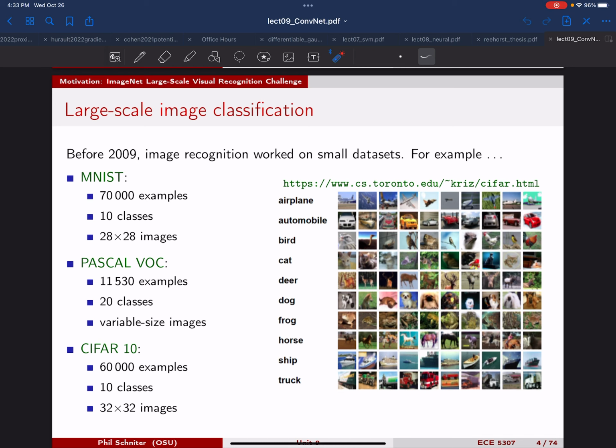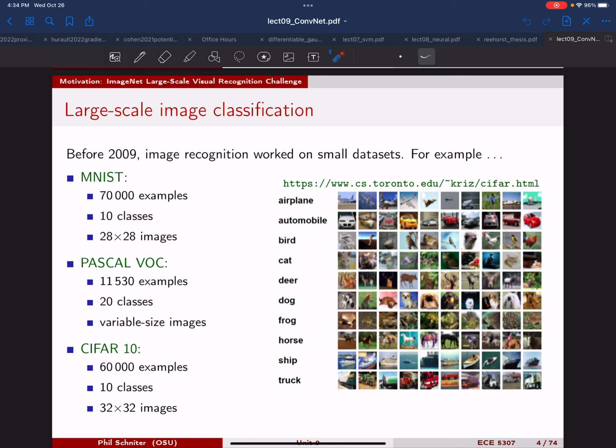Other similar data sets that were popular around that time were Pascal VOC, CIFAR-10. CIFAR-10, these things are still used quite a bit just to play with things because they're small, simple, easy to train, all that. So people still use them. But let's say CIFAR-10, which is the one we're showing here, that has 60,000 examples of 10 different classes, and these are 32 by 32 color images.